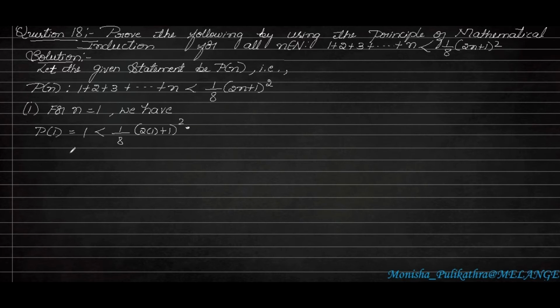So 1 is less than 1 by 8 into 2 ones are 2 plus 1 whole square, that is 2 plus 1 is 3, 3 square is 9, so 9 by 8. 9 by 8 is definitely greater than 1, because if you divide 8 ones are 8, a point will come.